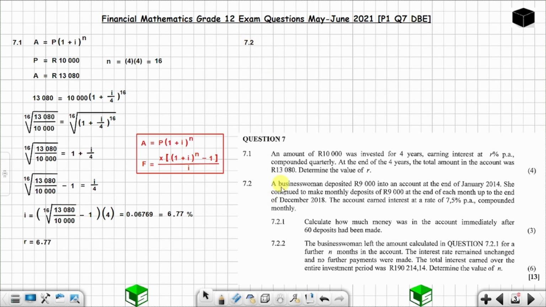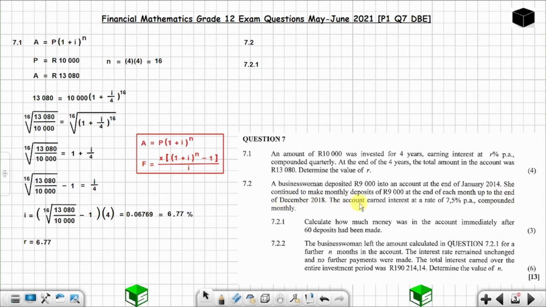Now question 7.2, and 7.2.1, right? A businesswoman deposited 9,000 into an account at the end of January 2014. She continued to make monthly deposits of 9,000 at the end of each month up to the end of December 2018.